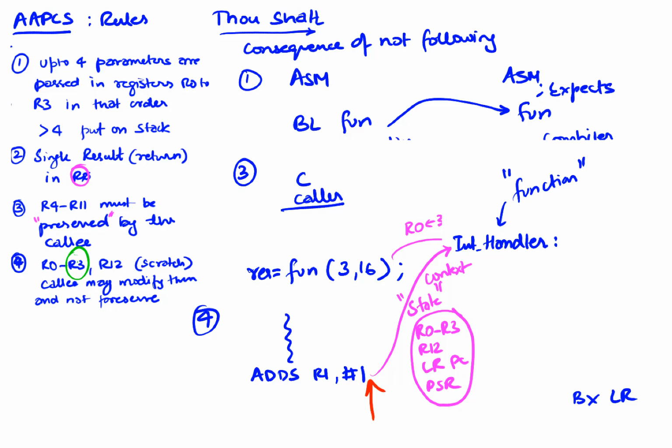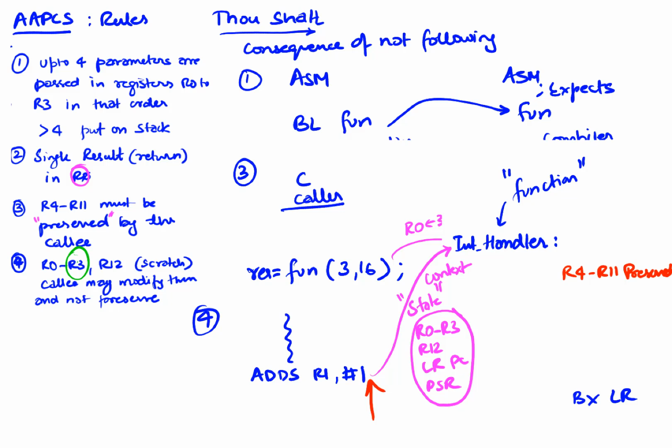But can I use R4? He doesn't worry about inputs, but he has to worry about the other rules he's obligated to follow. One of the rules is that R4 through R11 must still be preserved.